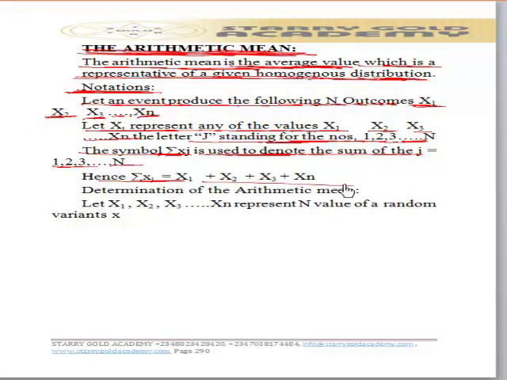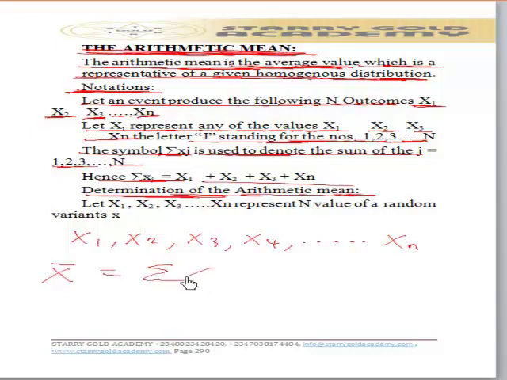and likewise n, which is also 1, 2, 3 to any number. In other words, when we are trying to determine the arithmetic mean of any given statistical values, such as x1, x2, x3, x4, up to xn, the arithmetic mean is usually represented by x bar, and the formula is summation x all over n, which means the summation or addition of all the x values given divided by the number of times the event or observations occur.